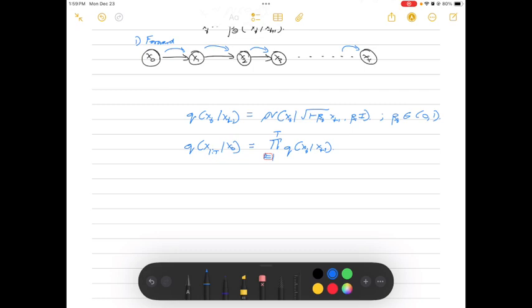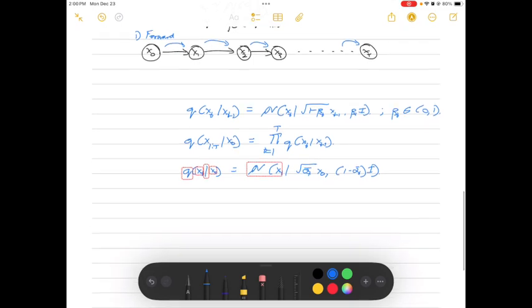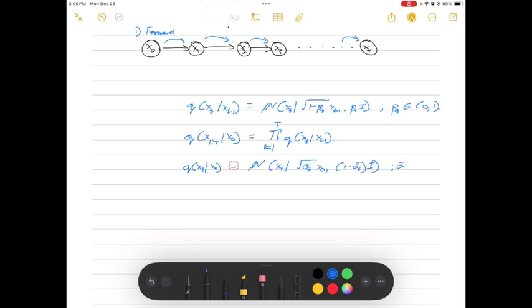So the marginal is written as q of xt given x naught, a Gaussian over xt with mean root of alpha bar t times x naught and covariance 1 minus alpha bar t times I, right, where alpha bar t is the product over individual alphas.